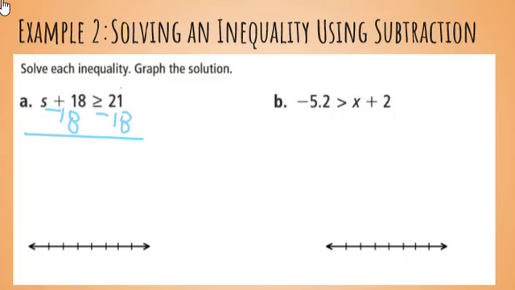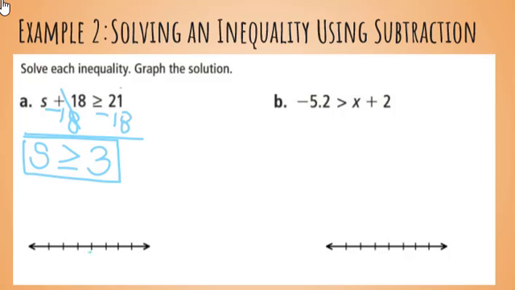I'm going to bring this s down. These 18s cancel. I'm going to bring down my inequality symbol, and 21 minus 18 is 3. So for our answer, we have s is greater than or equal to 3.